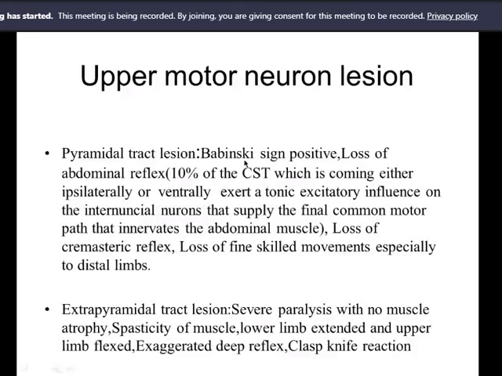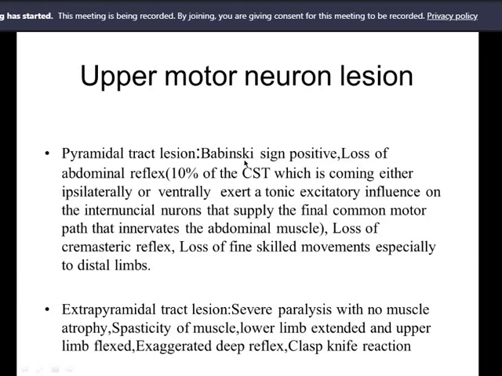So if only the pyramidal tract is lesioned, at that time there will be Babinski sign positive, cremasteric reflex loss, skilled movement lost, paralysis will be there, but there will be no muscle atrophy.